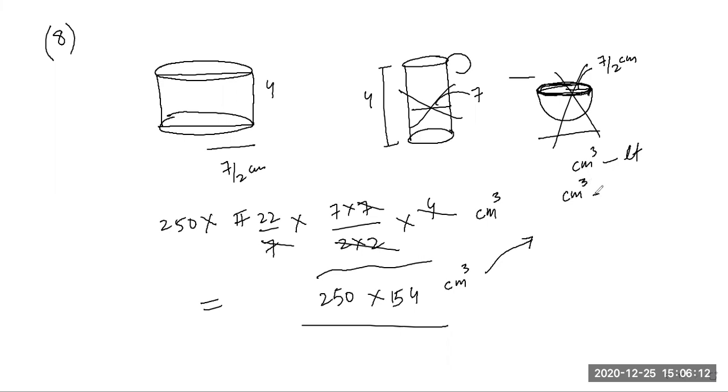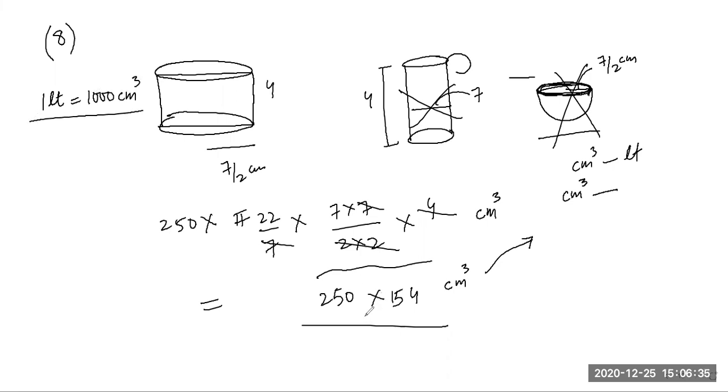1000 centimeter cube is equal to 1 liter. 1 liter is equal to 1000 centimeter cube.